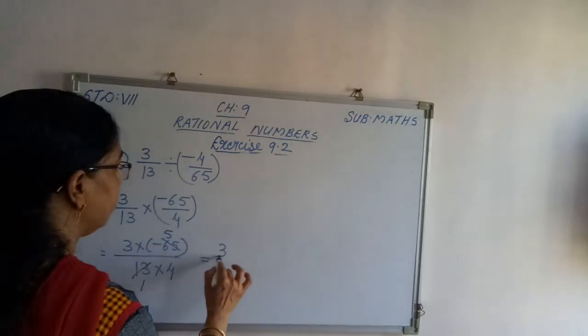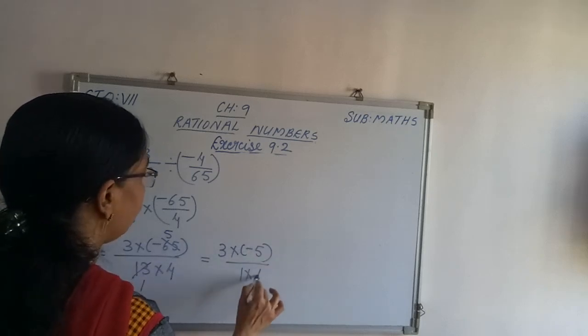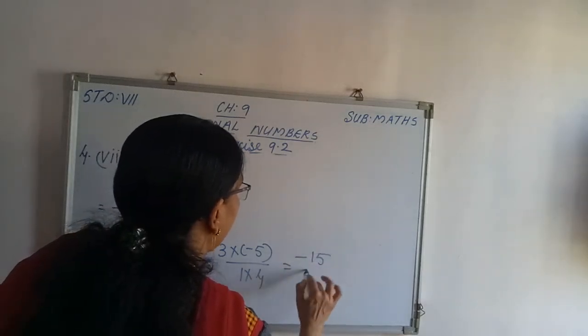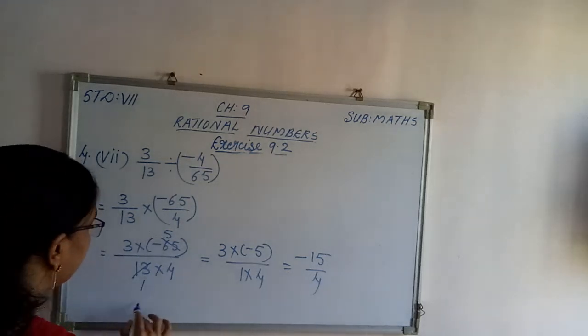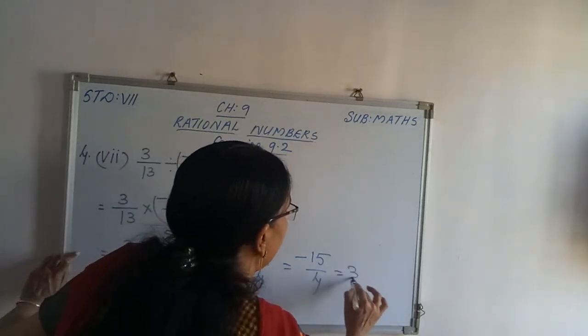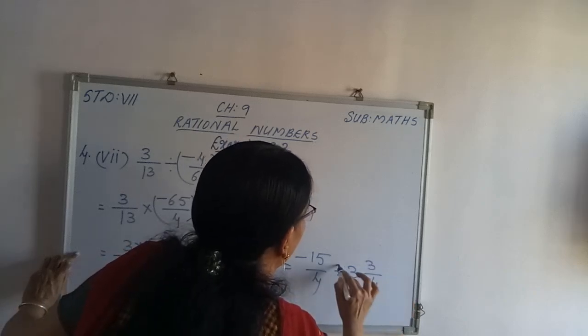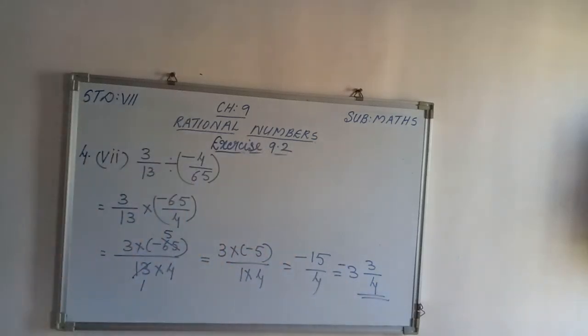So it can be written as 3 into minus 5 upon 1 into 4. So that's equal to minus 15 upon 4. And minus 15 upon 4 can be written as minus 3, 3 upon 4. That is the answer.